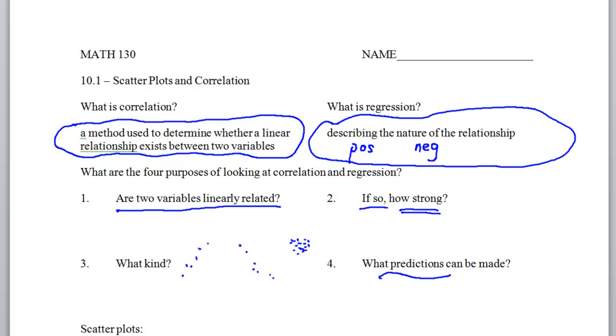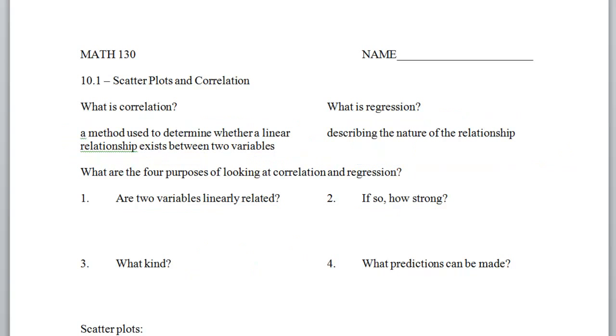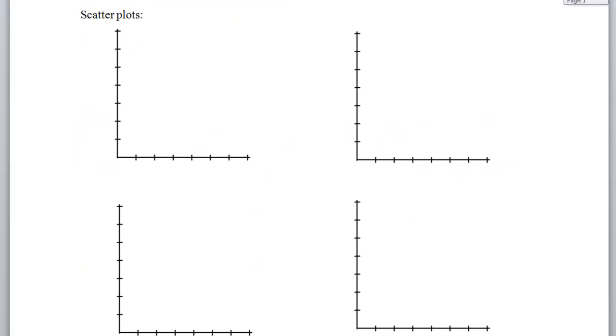So let's take a look at just some rough sketches about scatterplots. What I'm going to do is make just some fictitious data, but we need to kind of remind ourselves of a couple things from the first chapter. This here is the dependent variable.